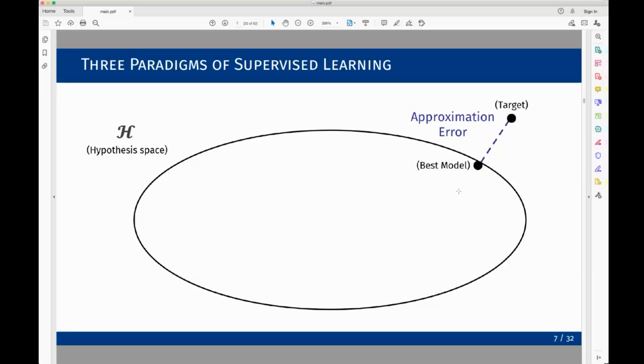The second thing is that, if we want to find the best model in our space, we rely on some optimization procedure. The typical choice is some gradient or stochastic gradient based optimization method. We start with some initial guess of the parameters, and with optimization or training algorithms, we end up with some learned model.